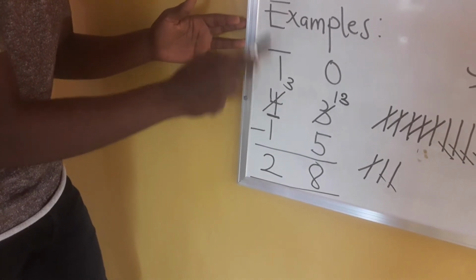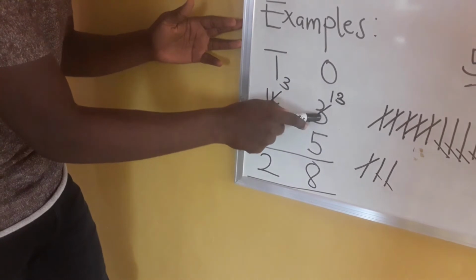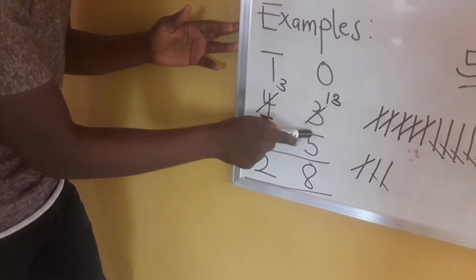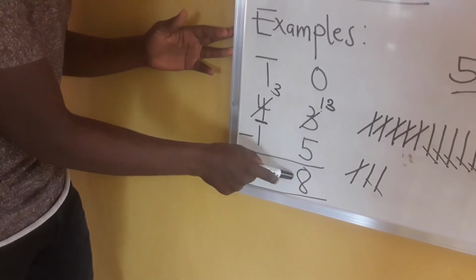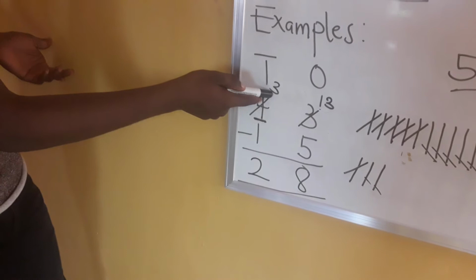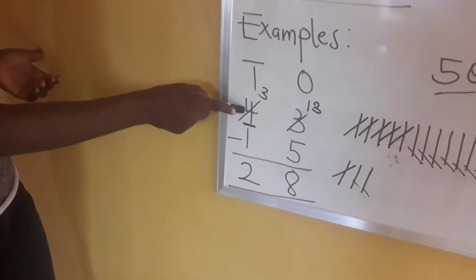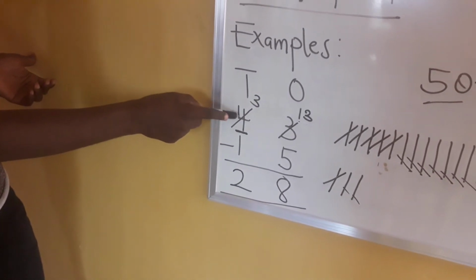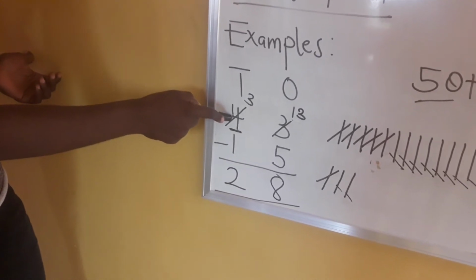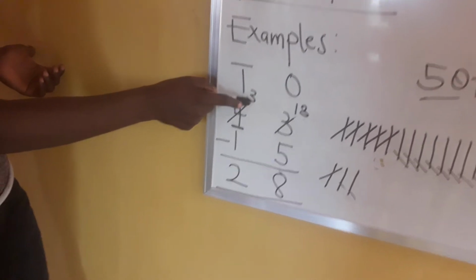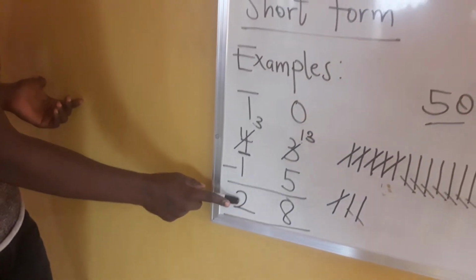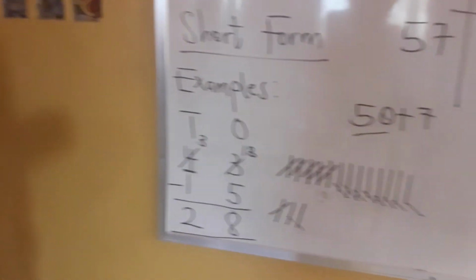Because we are borrowing in tens, we added 10 to this 3 and got 13. After we subtracted the 5 from the 13, we had 8. Now look here, we have 3, because we borrowed 10 from this place. This is 40, and we borrowed 10, so we are left with 30. We write our 3 here, subtract our 1, and we have 2. Let's quickly look at another example.